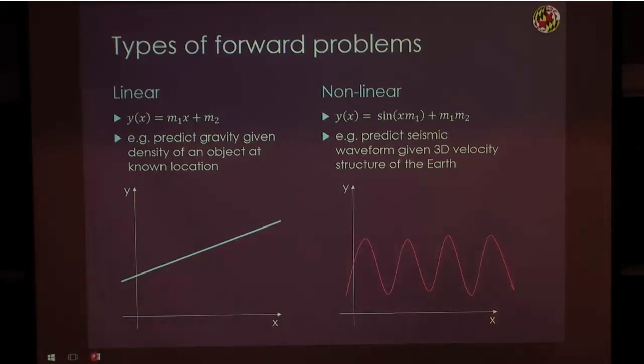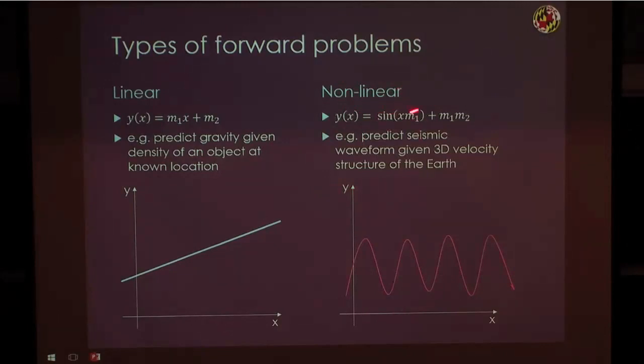And for example, there are some linear problems in geophysics. One of them is, for example, to predict the gravity given the density of an object at a known location. So, for example, if you know you have an object somewhere, determining its density is a linear inverse problem. Another kind of problem might be a nonlinear problem, which tends to be more common.